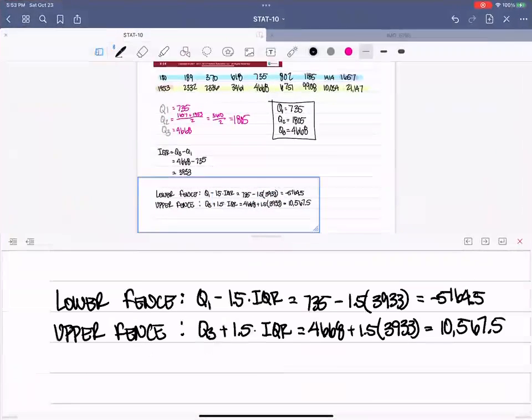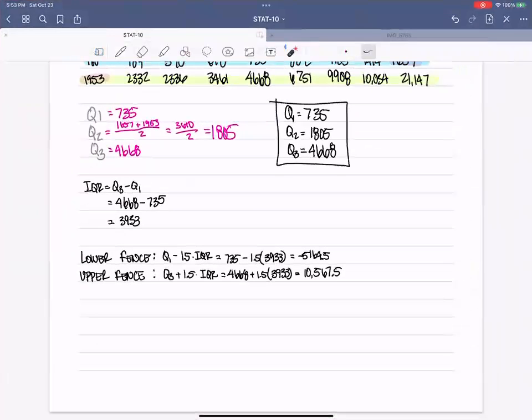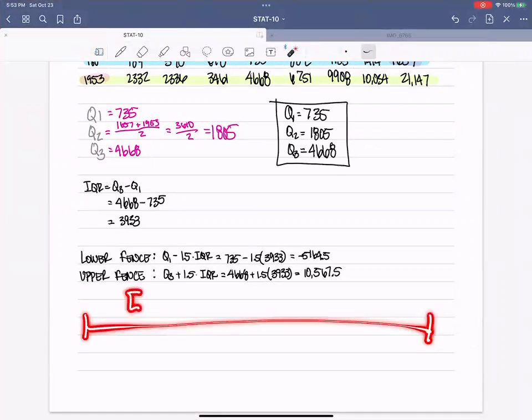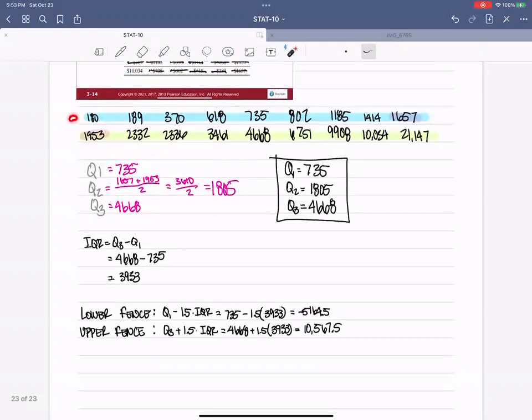So from here, we're going to look at all the numbers. Remember our lower fence, we have our data set, our lower fence is here, upper fence is here. If we have anything smaller than our lower fence, it's going to be an outlier. Anything larger than our upper fence is going to be an outlier. Looking at our lower fence, a negative number, all of the numbers in our data set are positive.